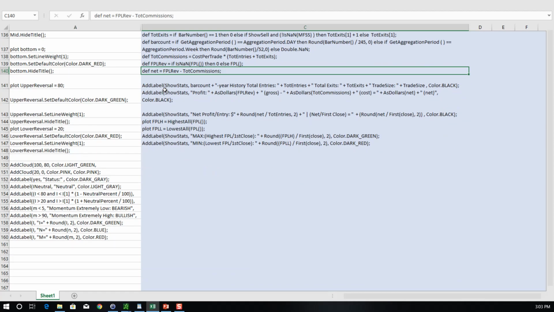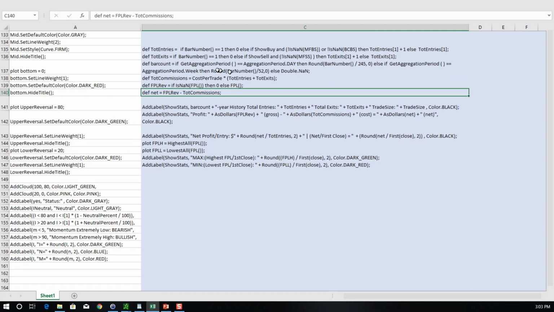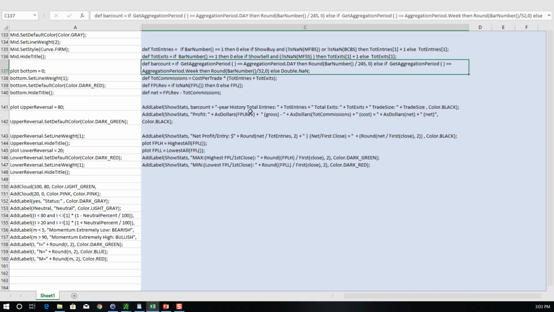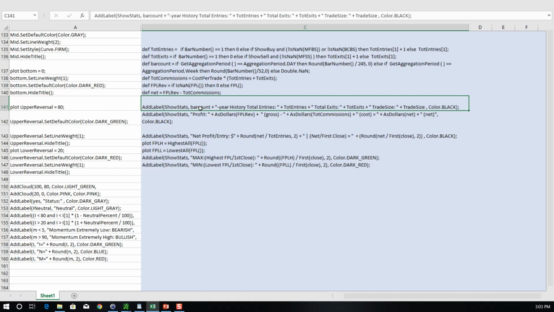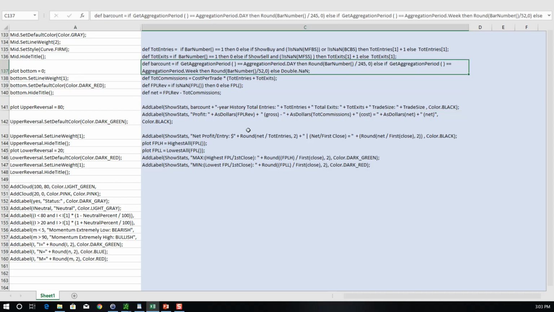Then I add some statistics and labels showing the year history that was calculated from this aggregation statement here. That's where the bar count comes in from that bar count statement there. And then I look at total entries, total exits, trade size. I use my stats to add up my floating profit loss: gross minus the commissions equals the net.